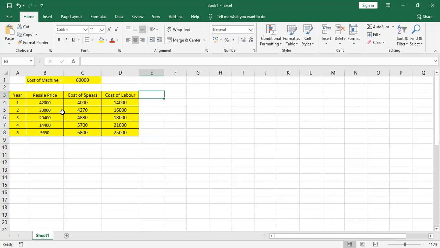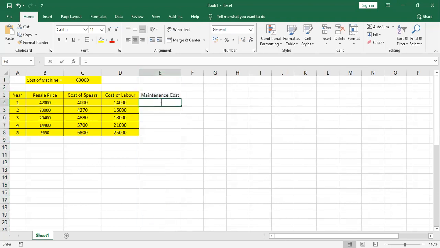We are going to calculate maintenance cost because we have two different terms, spare cost and labor cost, and I want to club them.